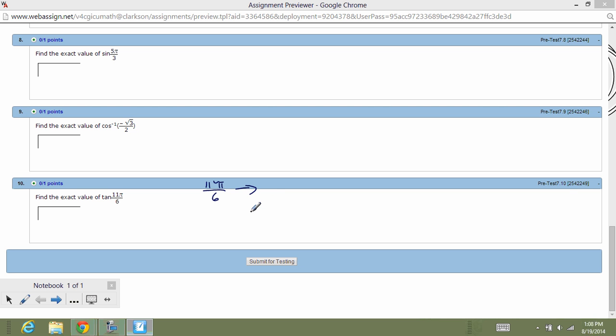If you convert them to degrees to make it easier to work with, that's fine. It's a good idea. Works well for a lot of students. Just make sure you multiply by 180 and you divide by pi. Well, of course, the pi's cancel, and we can actually do a little bit of canceling between the 6 and the 180. That'll go in there 30 times. So that corresponds to 330 degrees.